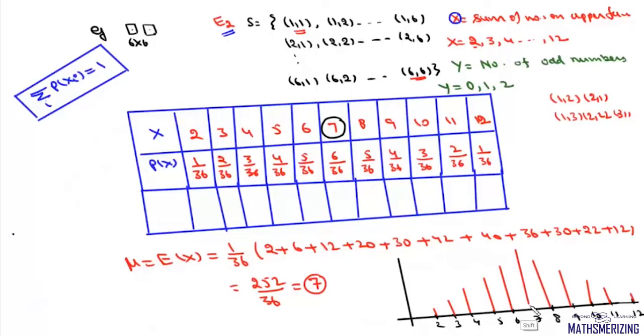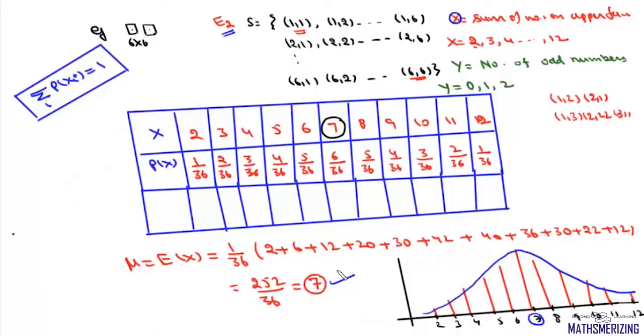And at 7 it is 6/36. So this distribution is symmetrical about this number 7. So its mean should be 7. So this value 7 is expected as the mean of this random variable.